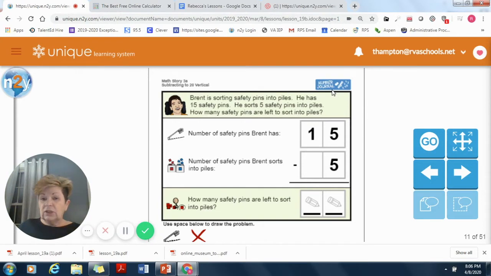Okay, so if we have 5, take away 5. So if we have 5 and we take away 1, 2, 3, 4, 5, how many do we have left? We have 0. Very good. We just have 0 left. Then if we're having 1 minus nothing, if you have 1 piece of candy and nothing gets taken away, how many pieces of candy do you still have left? 1.